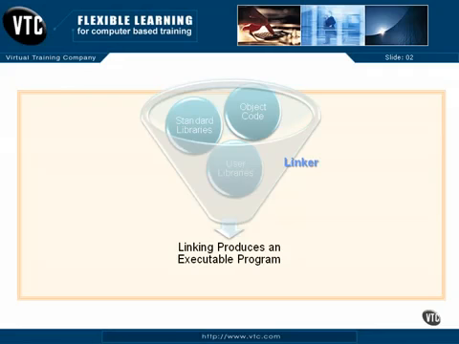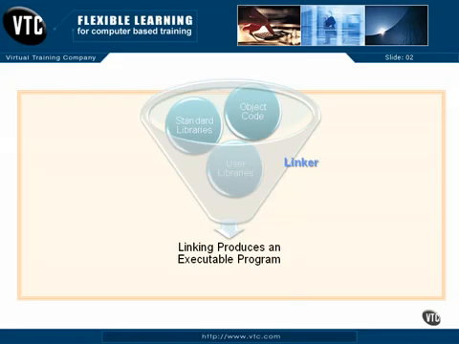So to recap, a compiler, the program we've just installed, is going to take our C programming instructions and it's going to turn them into object code. The link step is then going to link our object code with some standard libraries that already exist and produce an executable code.